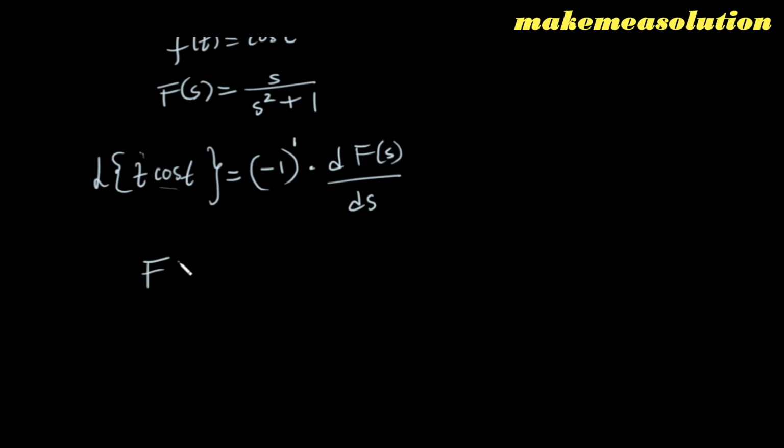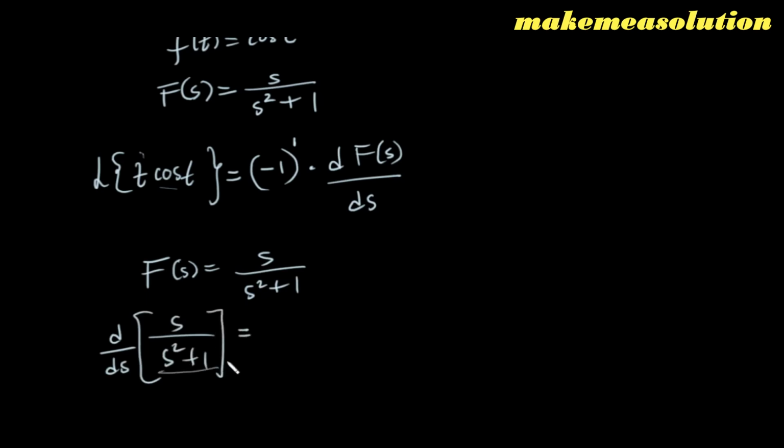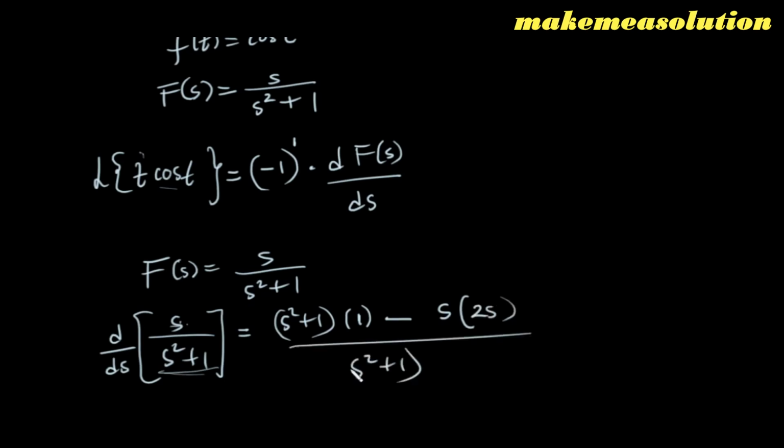So my F of s is s over s squared plus 1. So d by ds of s over s squared plus 1 is going to be, this is my u and this is my v, so I'll write v, s squared plus 1, times du, which is 1, then minus u, which is s, times dv, which is 2s, all over s squared plus 1 all squared.